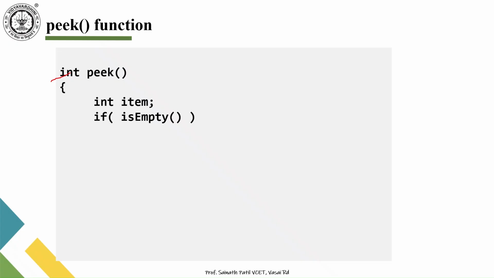Now let's write the peek function in C, which will be written with the help of the isEmpty function. So function int peek, int is the return data type, that means the top value will be returned, and peek is the name of the function. So int item, that will be used to assign the return value. If isEmpty, so this is the use of the isEmpty function. If stack is empty, it will return true. So if it is true, that means stack is empty.